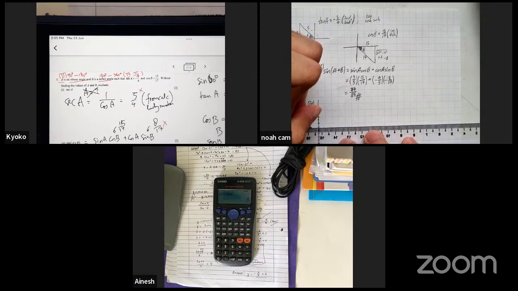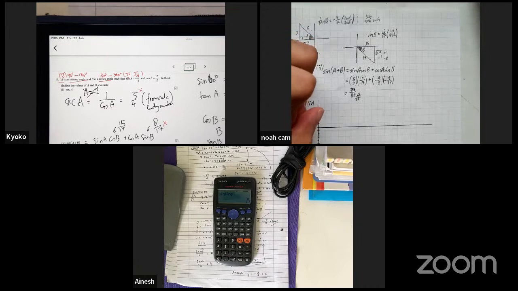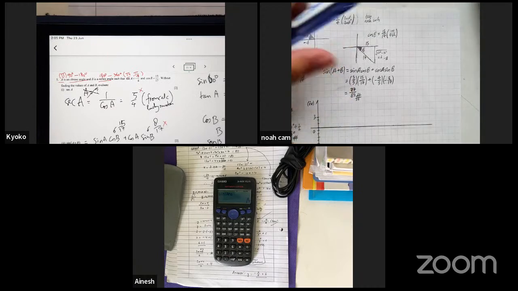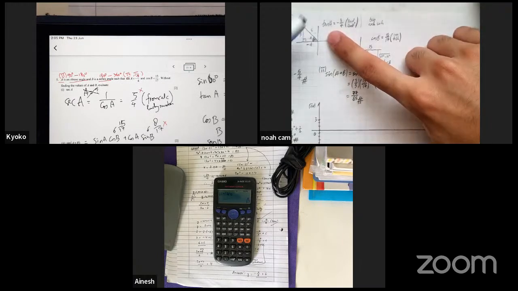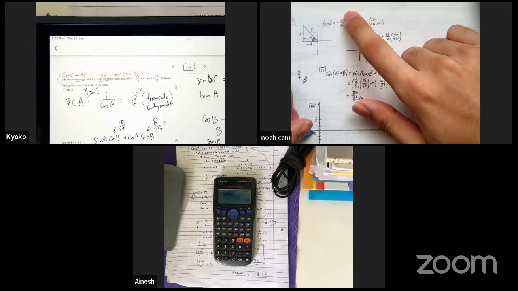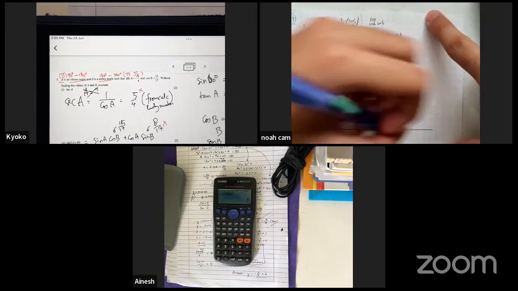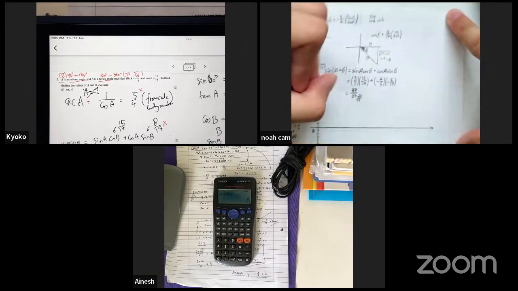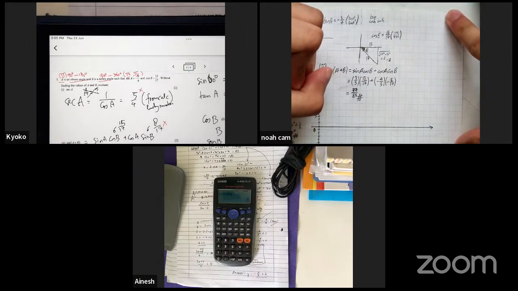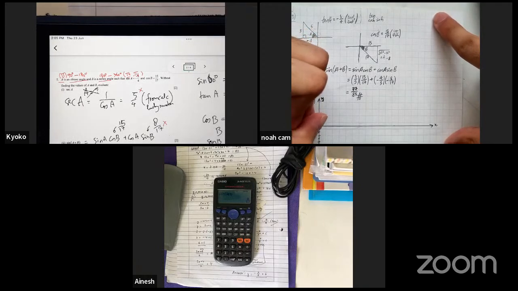Okay, right, that's much better. Now, Kyoko and Ainesh, I did this weird thing, a horizontal line across 15/17. I ignore the 28.1. I go across until I meet the cosine graph again, and I'm very interested in this graph.